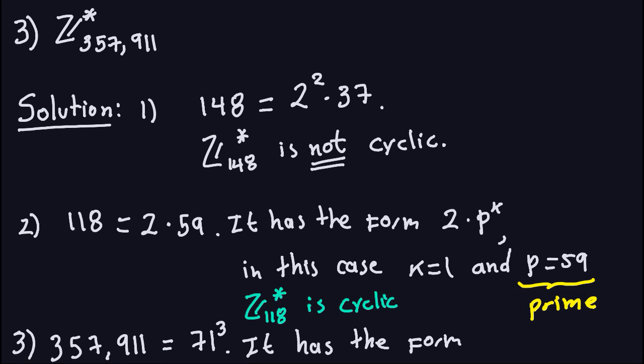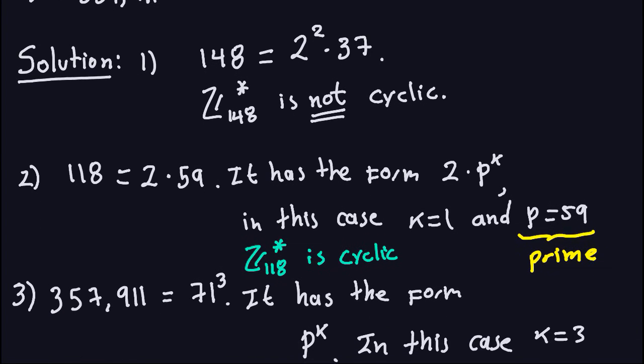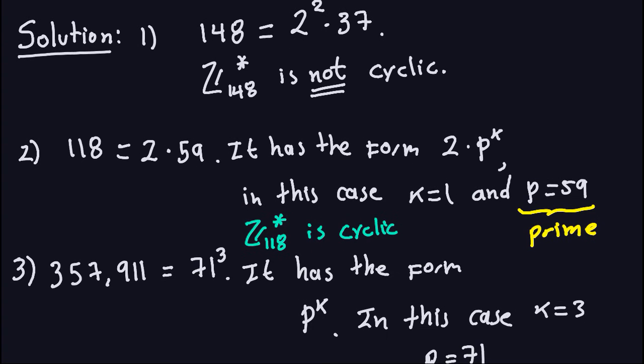And remember, what cyclic means is Z118 star will be powers of an element. All of these elements will be powers of a single element. Let's look at that big number there, 357,111. That number, if you factor it, is 71 cubed, with 71 of course being an odd prime number.